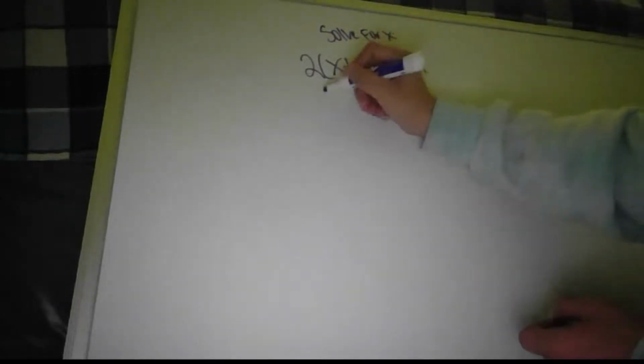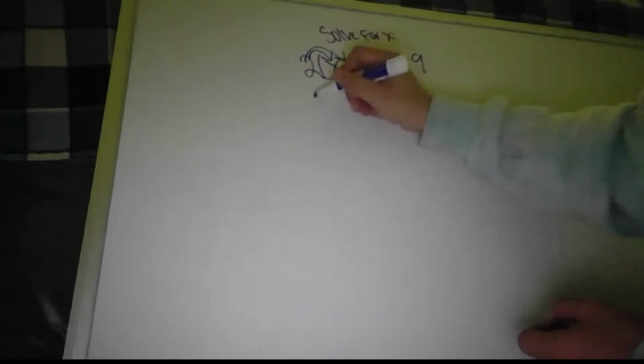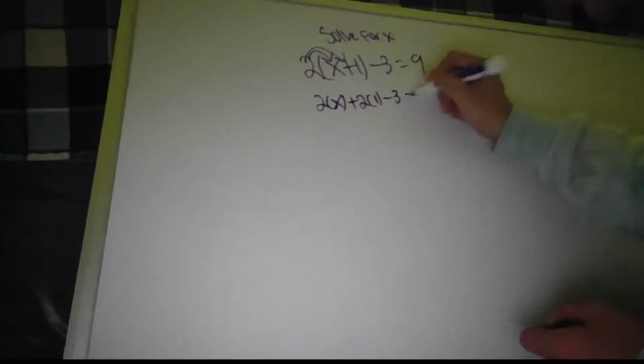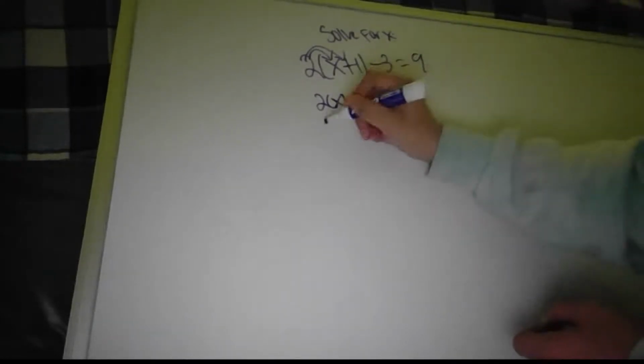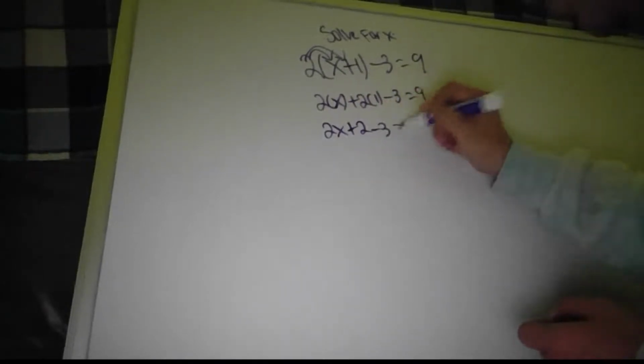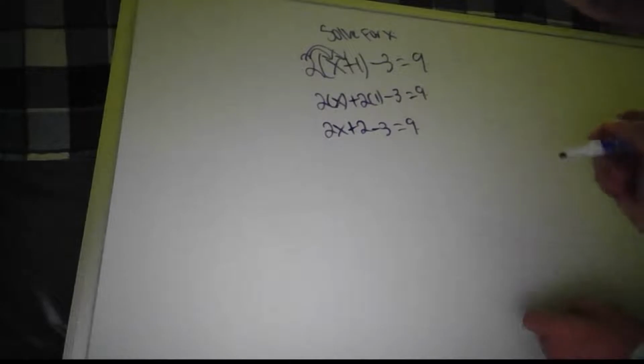We're going to distribute 2 times x plus 2 times 1 minus 3 equals 9. 2x plus 2 minus 3 equals 9, right?